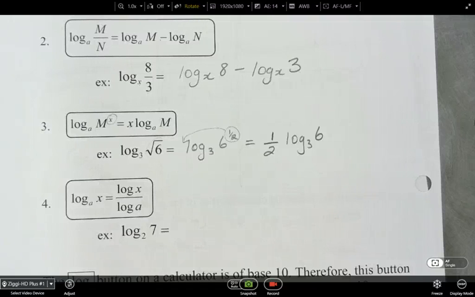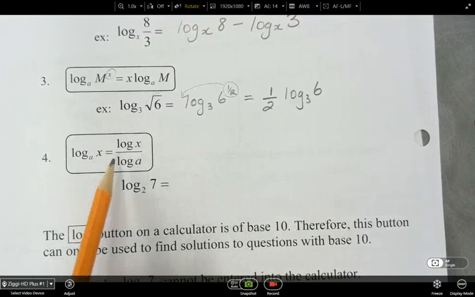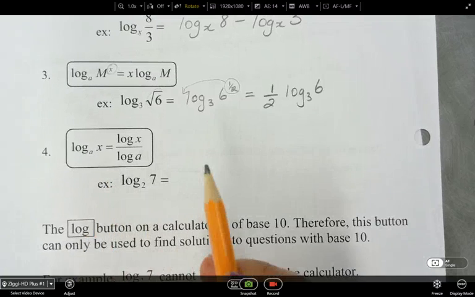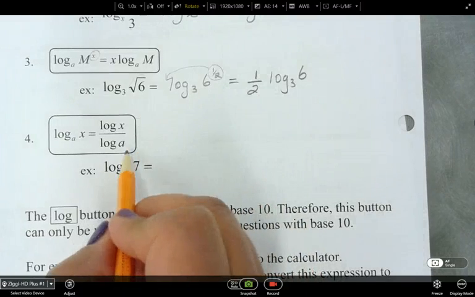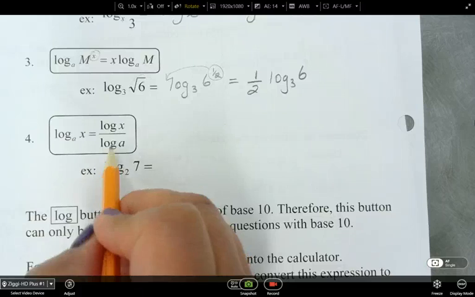All right, so now we've seen this last one here before. We've seen number 4 before. We used this a little bit at the end of chapter 7, I think, to solve one of the equations. So we change the base, right?